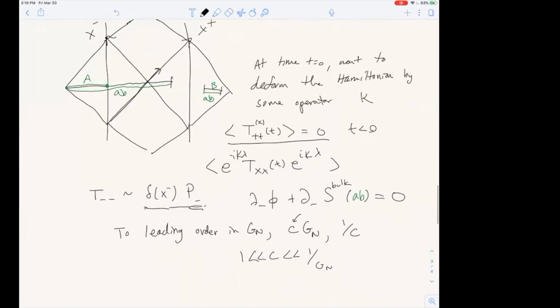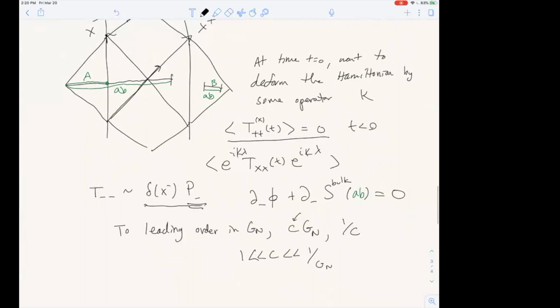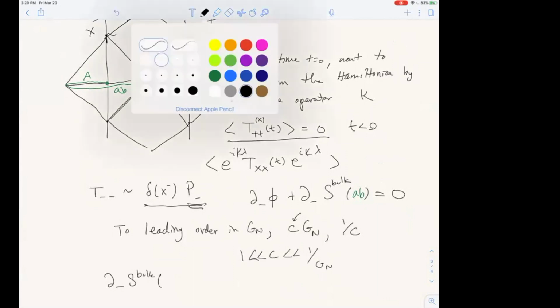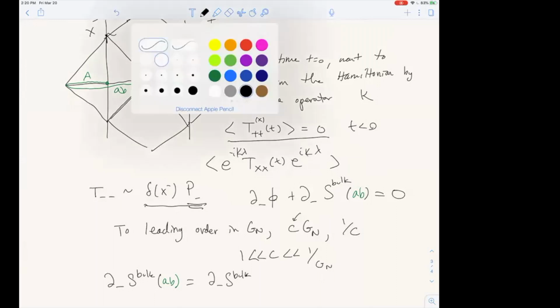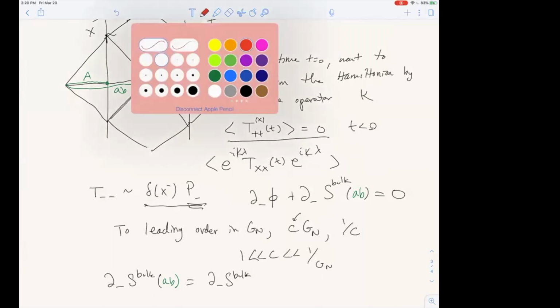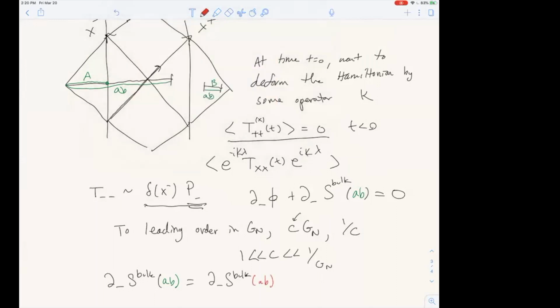So in that approximation, what we can argue is that this derivative for AB is actually just, to leading order, the derivative of the following in the bulk. Let's call it AB, where little a is this and little b is this.